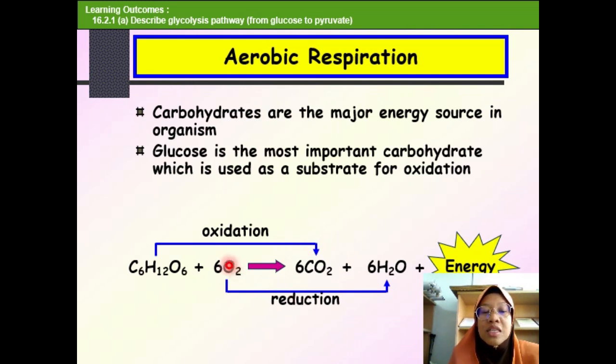When the oxygen receives the hydrogen, it will be reduced to form water. And during this process, when you split the glucose molecule, you will get energy. This is the objective of why we conduct aerobic respiration, because we want to synthesize energy.